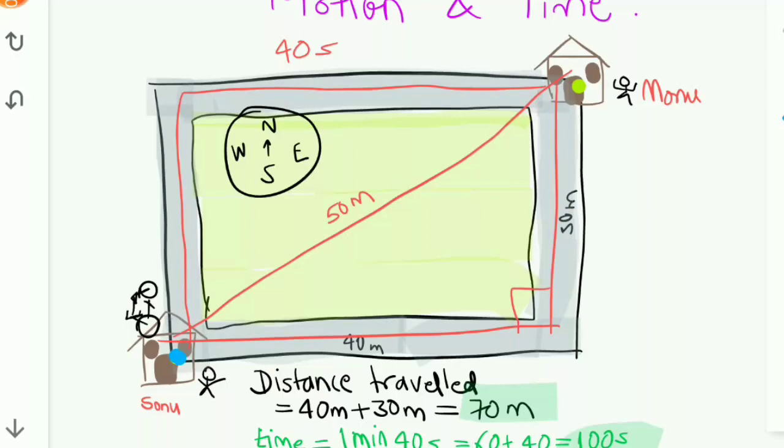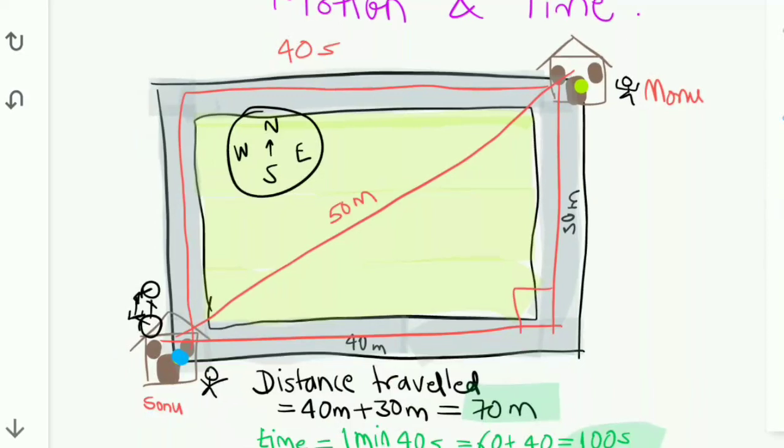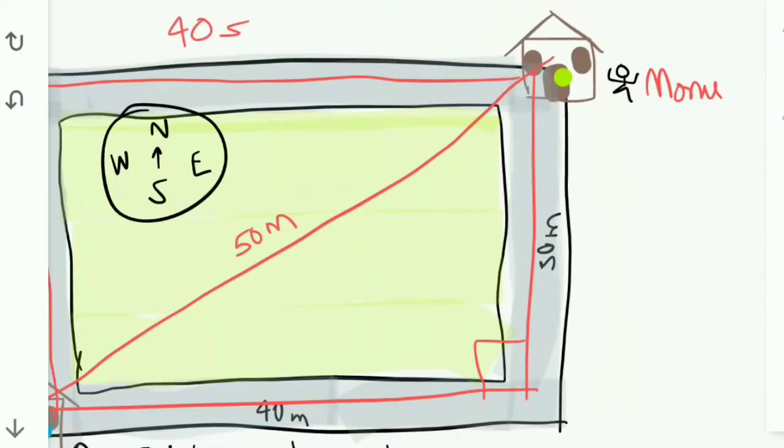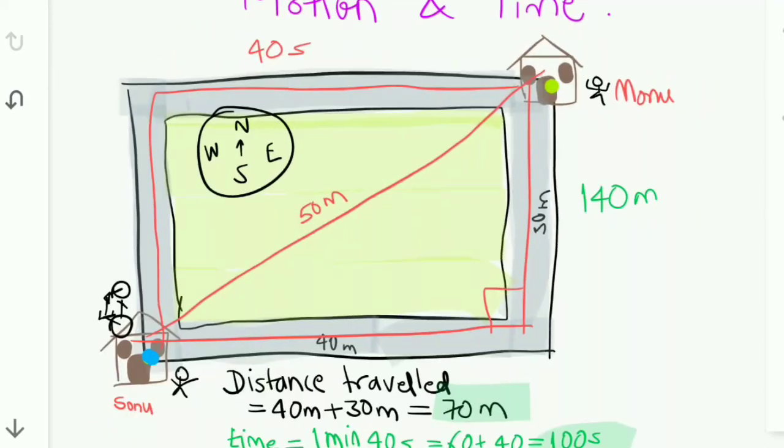That was 70 meter. Then in coming back journey, he again traveled 40 plus 30, that is 70. So in total he traveled 70 plus 70, that is 140 meters.